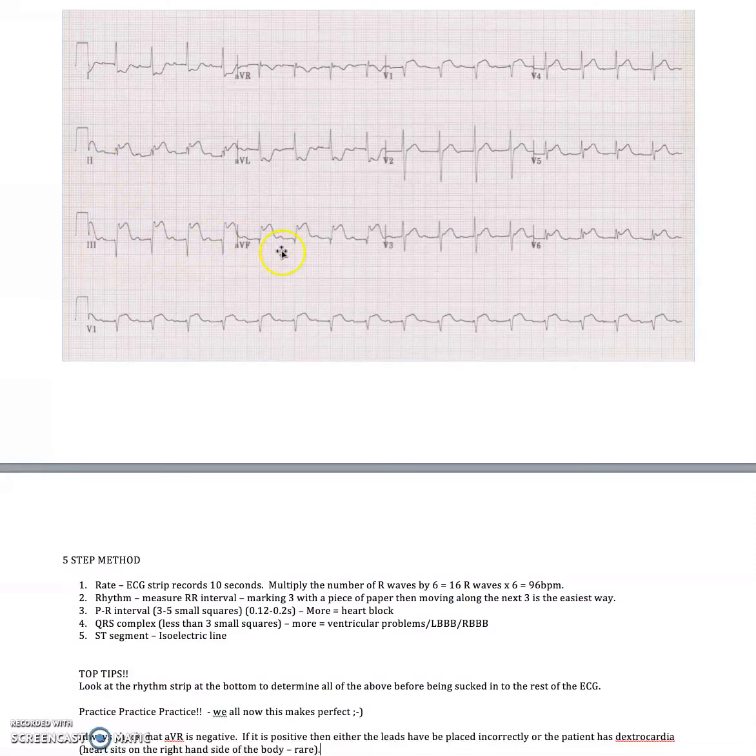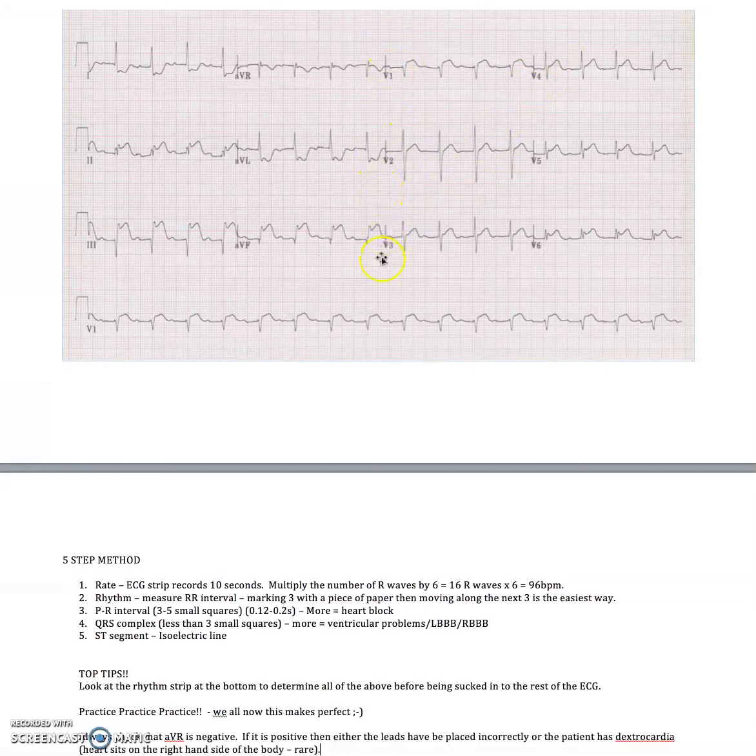The other common area where you can have infarcts is your anterior aspect of your heart, which is V1, V2, V3, V4. Okay, so these 4 leads. And remember, these sit on the anterior chest wall, and the infarct would be basically directly where those leads are sitting.